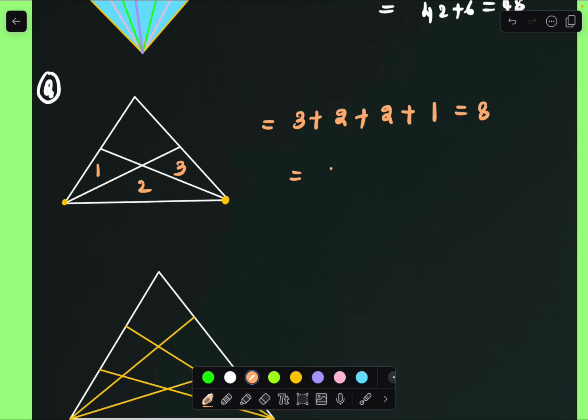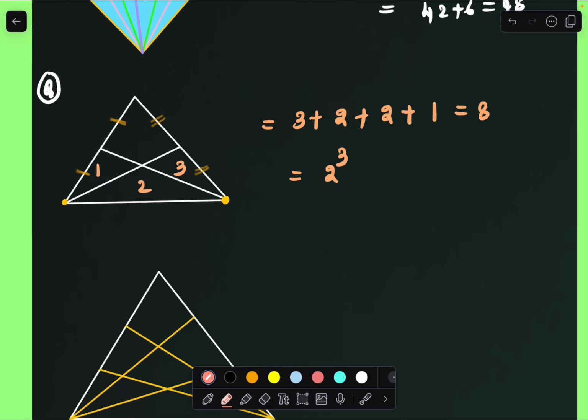So 8 is nothing but 2 cube, right? Because from two different vertices we are drawing slanting lines, the triangle is getting divided into an equal number of portions in the upper part and lower part. This side got divided into two equal parts, and this side also got divided into two equal parts.